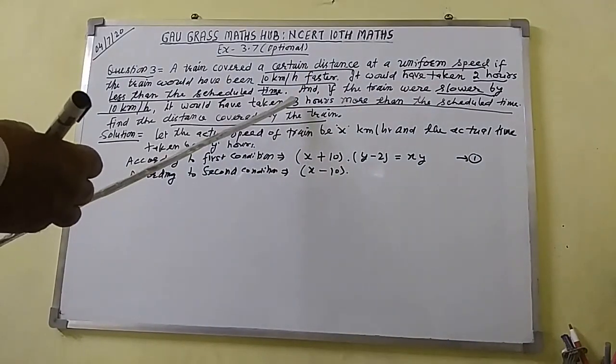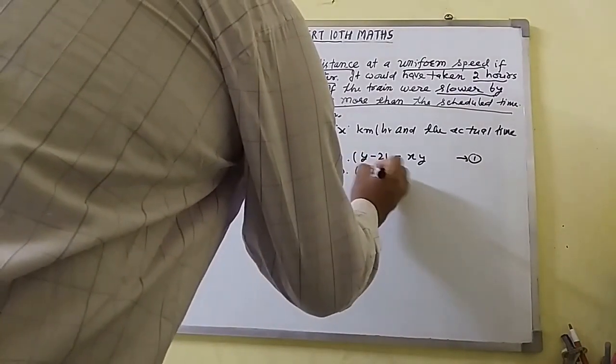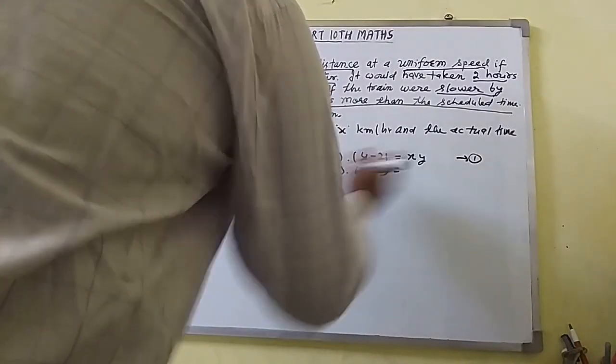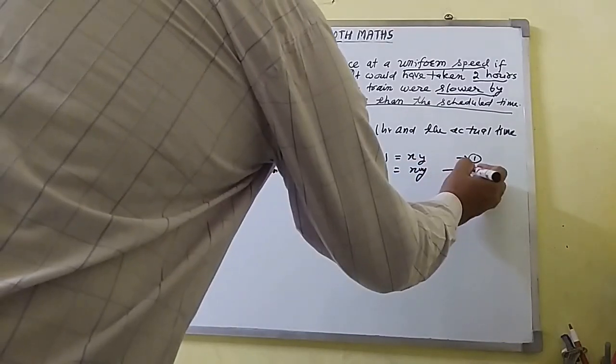It would have taken 3 hours more than the scheduled time, y plus 3. Both will be multiplied together, you will get here xy. This will become equation number 2.